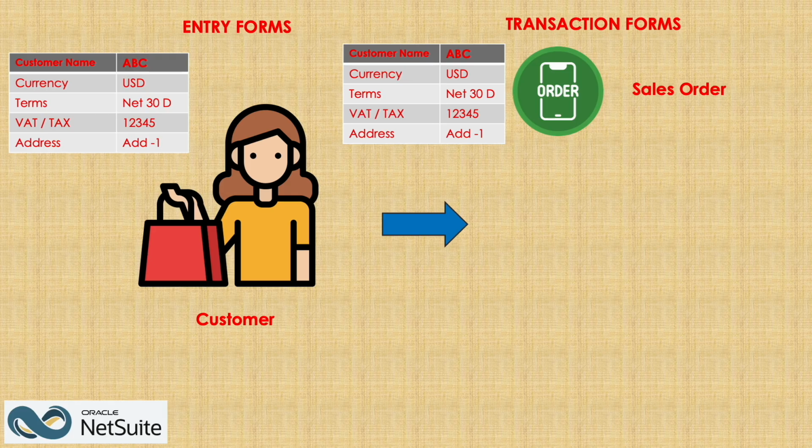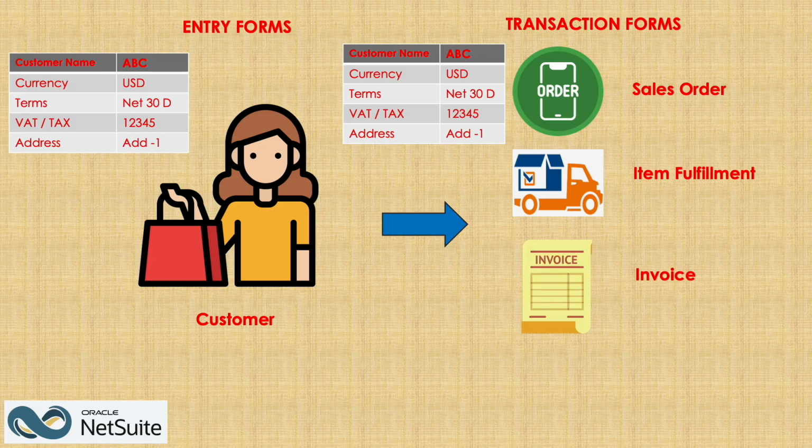More transaction forms linked to customer. Now let's look at some other transaction forms related to the customer. For the same customer, we can create a sales order first, then an item fulfillment for shipping, followed by an invoice for billing, and finally, a payment when the customer pays.